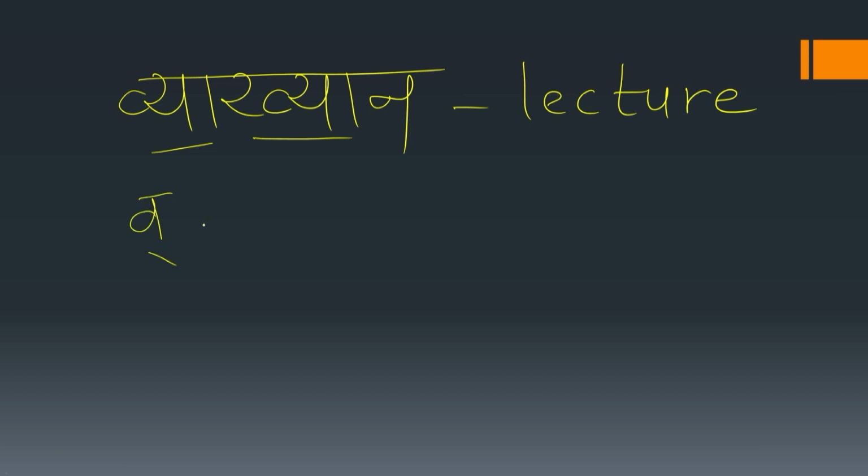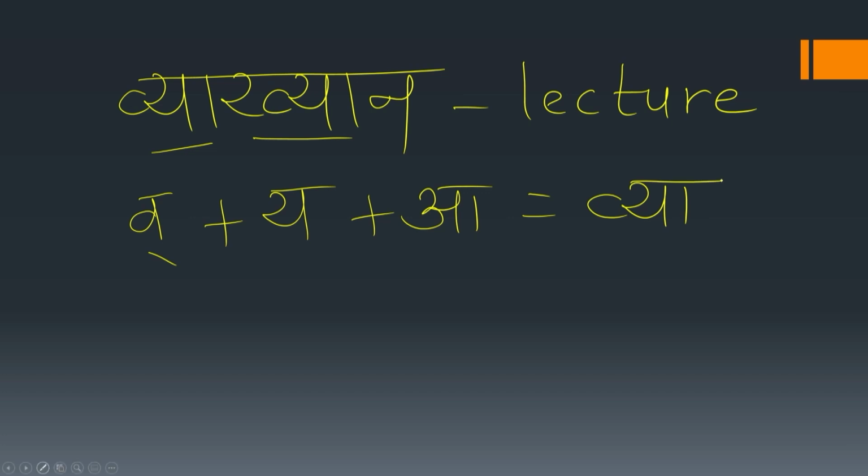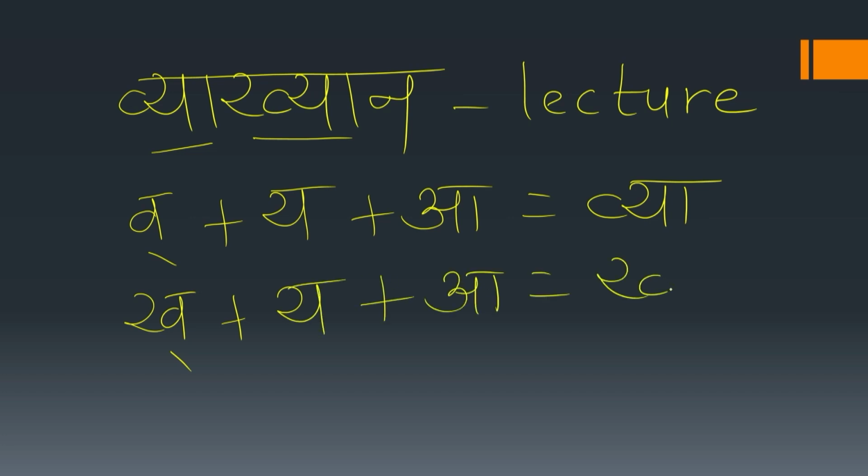Half Va plus Ya plus A gives us Vya. Similarly, half Kha plus Ya plus A gives us Kya. Vyakhyan.